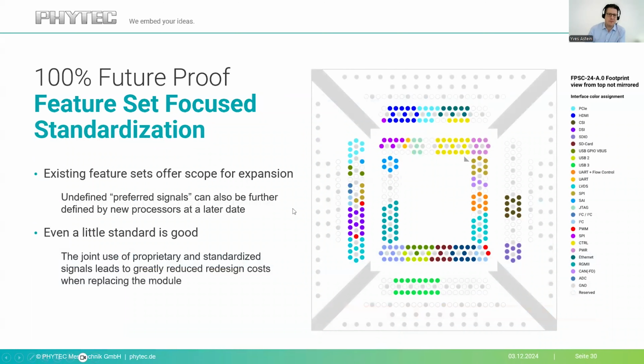And we also have foreseen the future in terms of leaving blank signals or connections for upcoming interfaces that we haven't foreseen, in the must-have area as well as in the optional area. We can add signals if they come and if they're interesting to add.